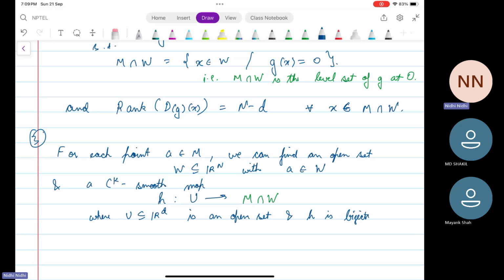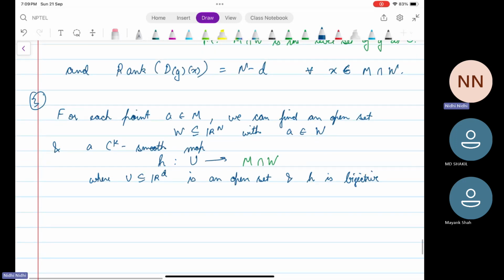In fact, the inverse, furthermore, the rank of the function, the C^k derivative of H at x is d. The rank of dH at any point x should be equal to d.